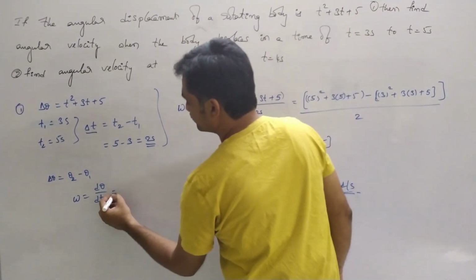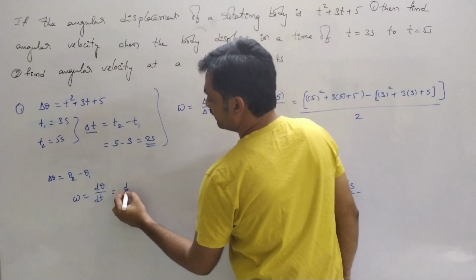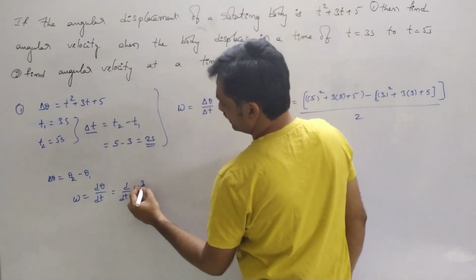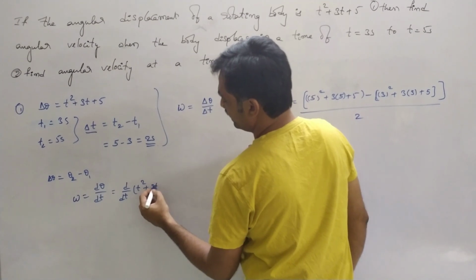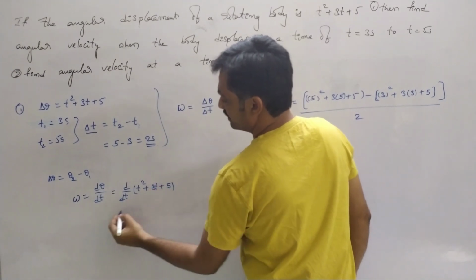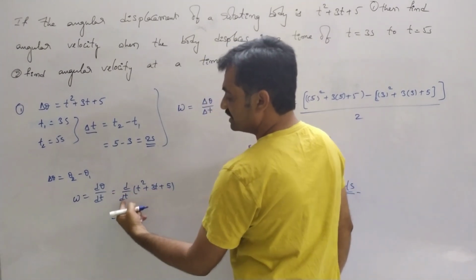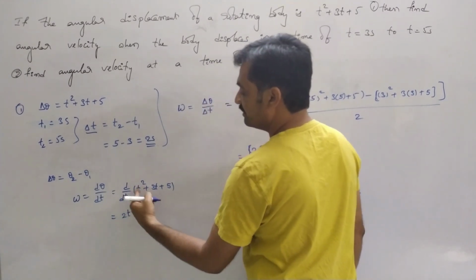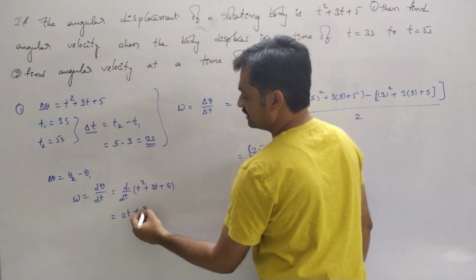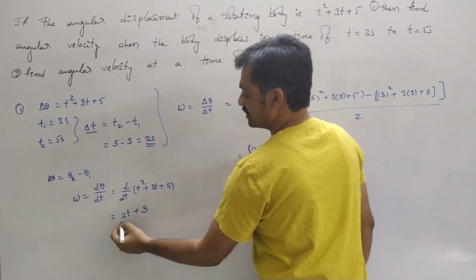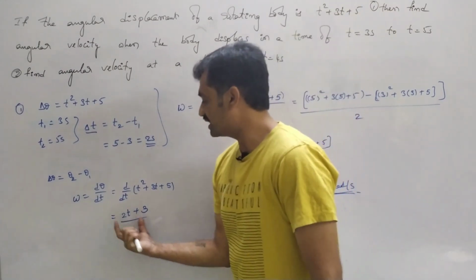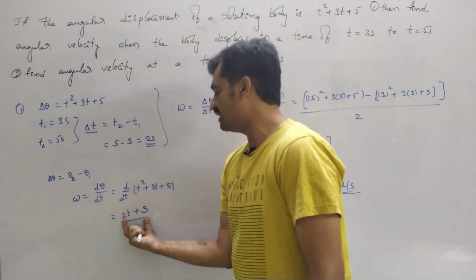If we substitute this value here, we have d by dt of t square plus 3t plus 5. Then d by dt of t square is 2t, d by dt of 3t is 3, and differentiation of a constant is 0. So we can represent omega equals 2t plus 3.